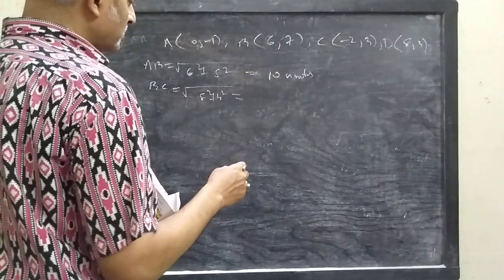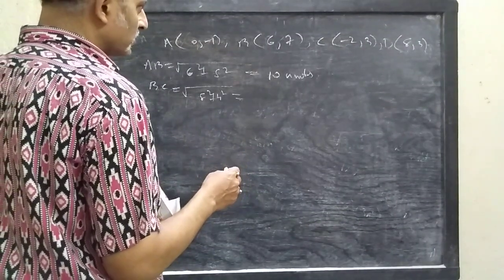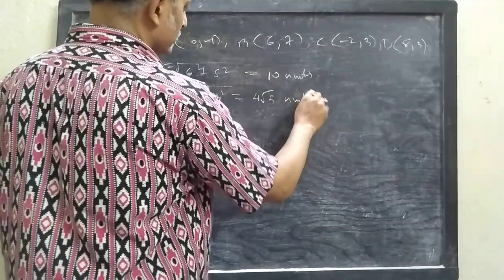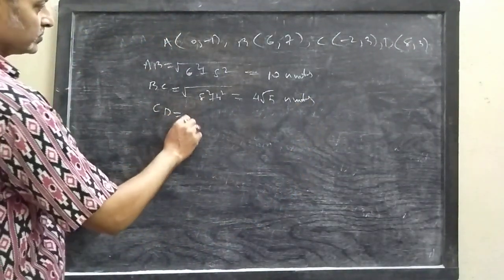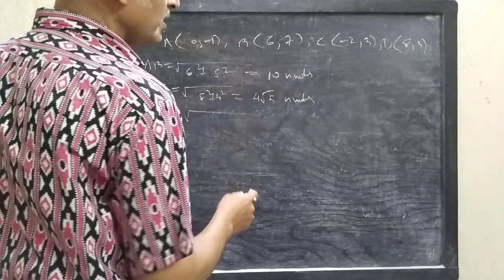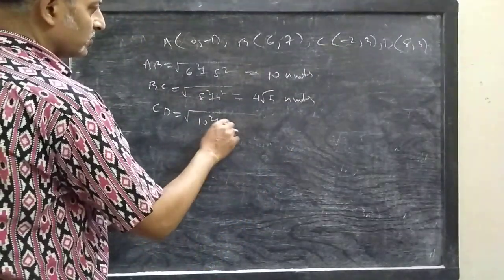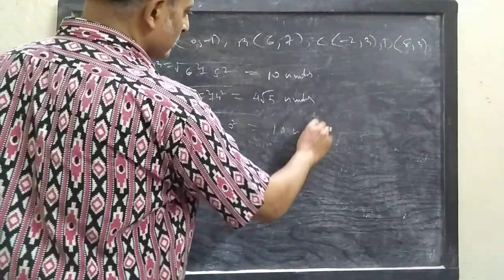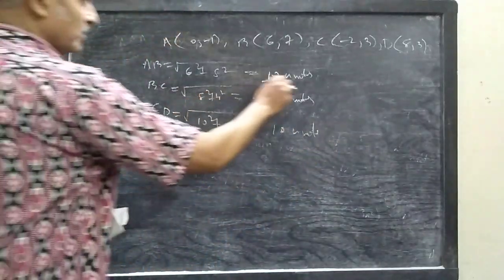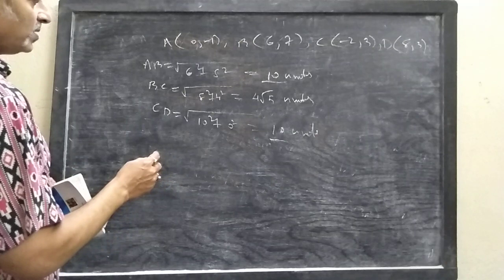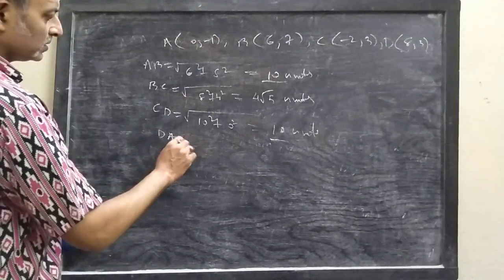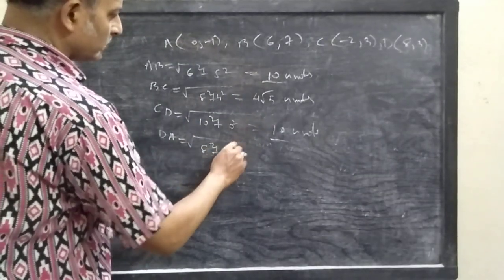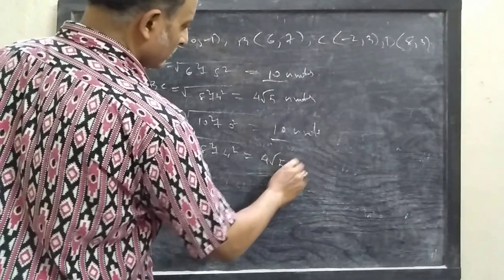So this becomes 64 plus 16, 80. 80 means 4√5 units. Then CD will be (8 + 2) whole square, that is 10 square, plus (3 - 3) whole square, 0 square, so this becomes 10 units. Then DA will be of length 8 square plus (3 + 1) 4 square, so same length, 4√5 units.